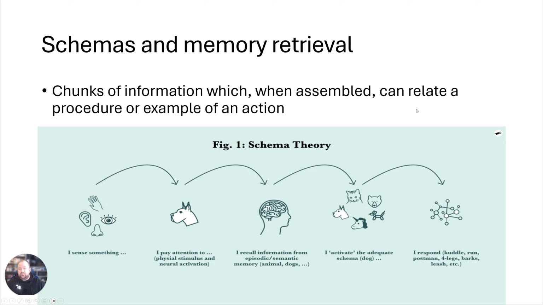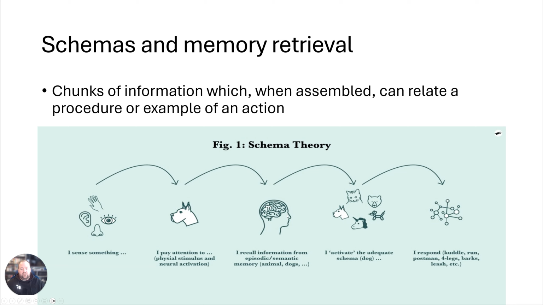So looking at schemas and memory retrievals. A schema is a chunk of information which, when assembled, can give you a procedure or an example of an action. And so this is an example of how this works. You sense something, pay attention to it. This is where we're moving into perception.